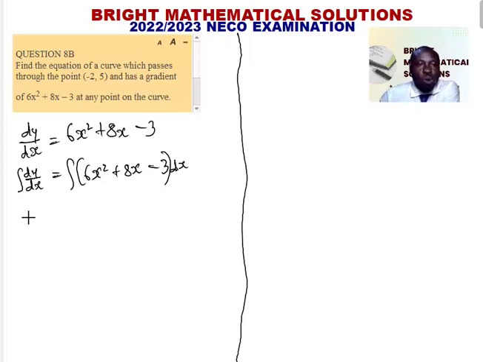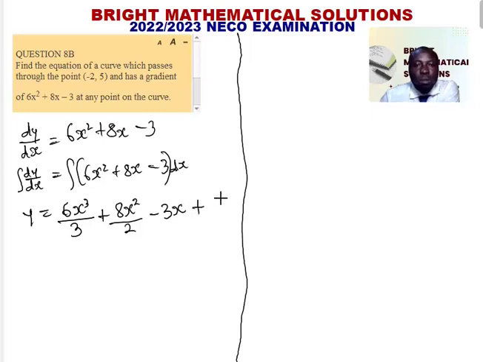So y now becomes, if we integrate this, we add 1 to the power and divide by whatever we have here. So that will become 6x³/3 + 8x²/2 - 3x + c.